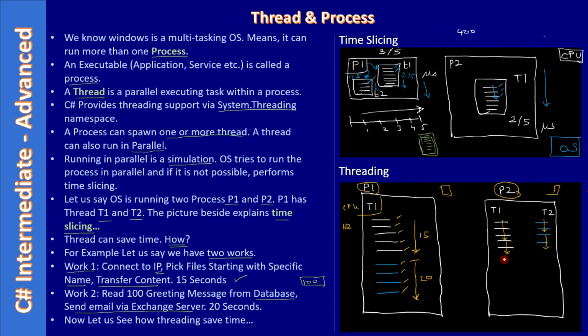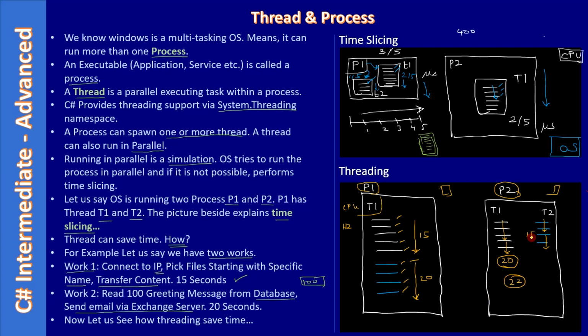If one takes 20 seconds and the other 15 seconds, and since both are simulated to execute in parallel, there will be context switching in between, so it may take 20 plus the overhead of switching, so 22 or like that.